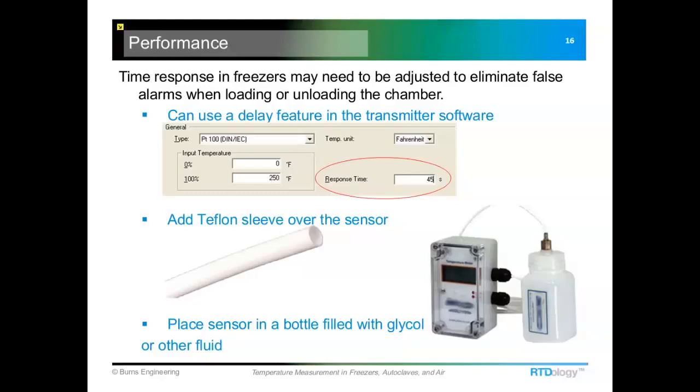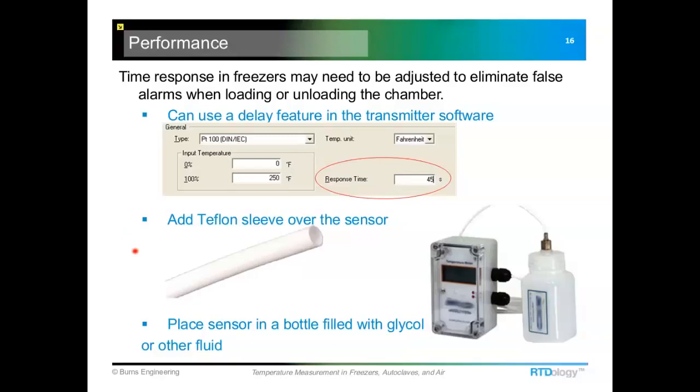There are a couple ways to slow down the response time of the probe. If you have a transmitter in the measurement circuit, a lot of them will have a response time setting. This one, I think, had like 1 to 40 or 1 to 60 second delay time. Another good way to do it is just to add a Teflon sleeve over the sensor.